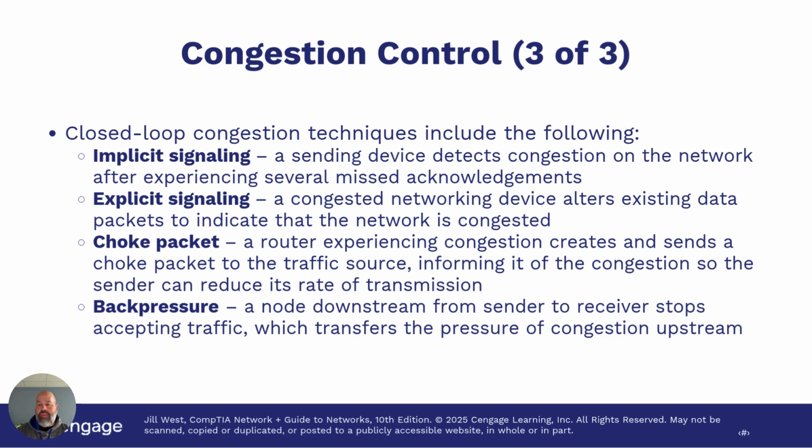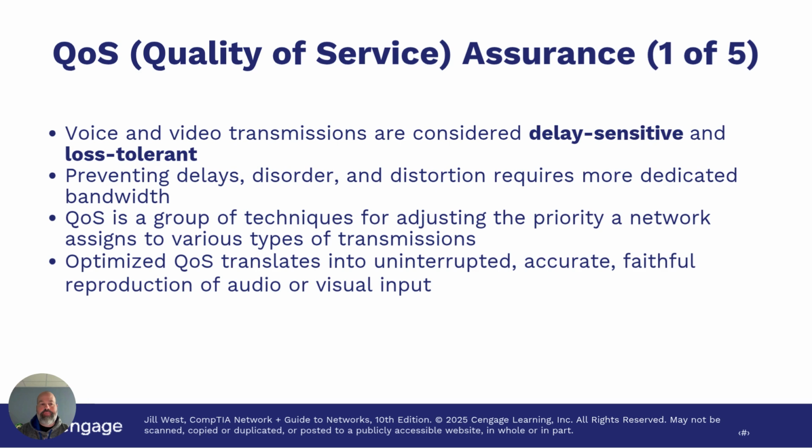Choke packet is when a router creates a special message telling the sender to slow down, it's literally a stop sending so much message. And you've got back pressure, which is a device downstream that stops accepting network traffic and transfers congestion pressure back upstream. It's like a traffic jam backing up for miles.